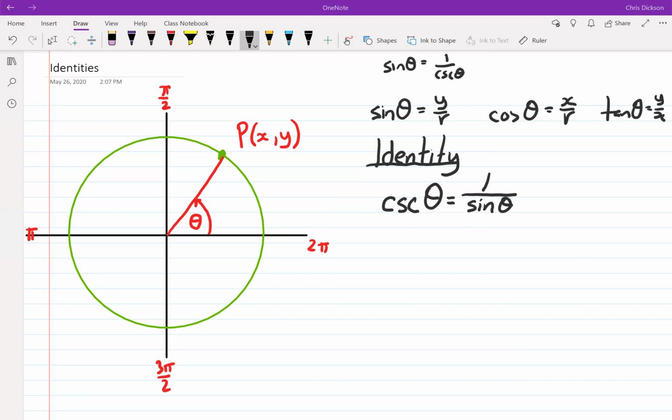So that's one of our identities. That means you actually know 2 other identities, one being secant and the other cotangent of theta. I'd like you to write out what those identities are, related to what we talked about last chapter.